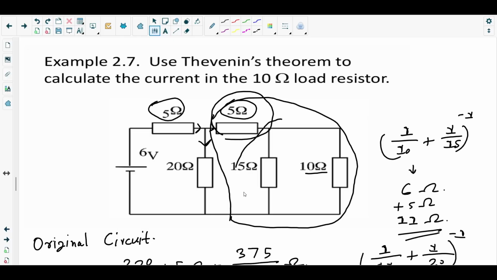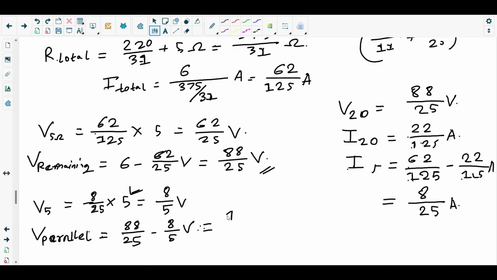that much volt. So since they are in parallel, the value for V parallel will be the same as the voltage across the load resistor. So 88 over 25 minus 8 over 5 is 48 over 25 volt across the load resistor.